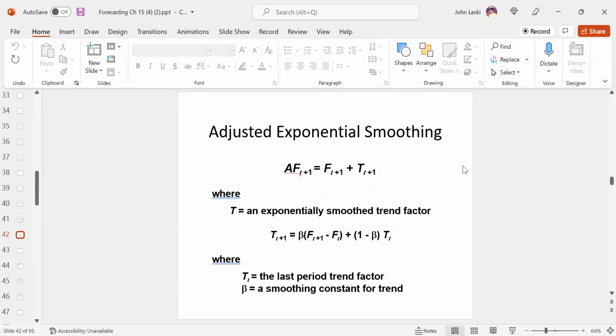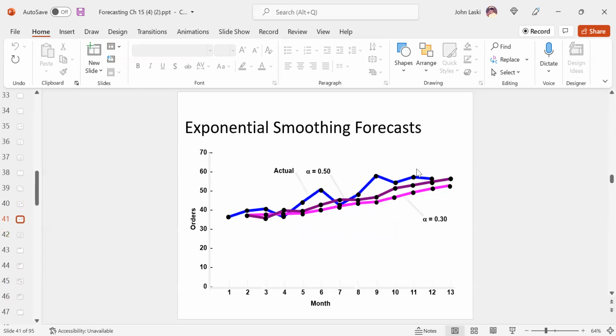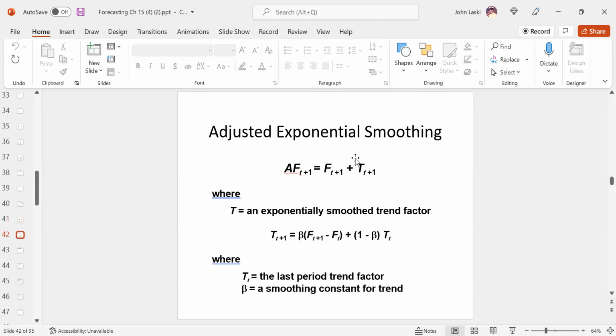Of course, if there's an exponentially smoothed forecast, there's an adjusted exponentially smoothed forecast. Adjusted by what? Well, exactly this: adjusted by the underlying trend. So the formula for the adjusted exponentially smoothed forecast for the next period, t plus 1, is the forecast for the next period.